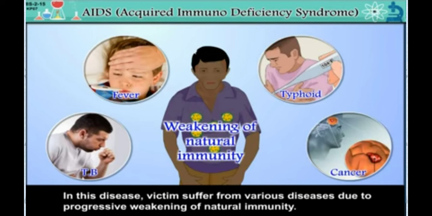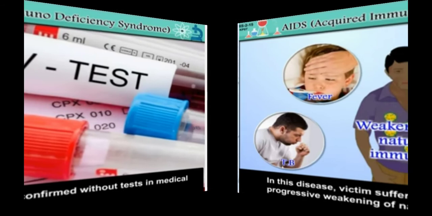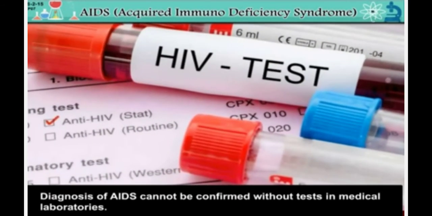Natural immunity means the resistance power to fight against disease, which continuously goes on decreasing. That's why patients suffer from other diseases also, and eventually it turns into death. But precaution is the major point in AIDS.